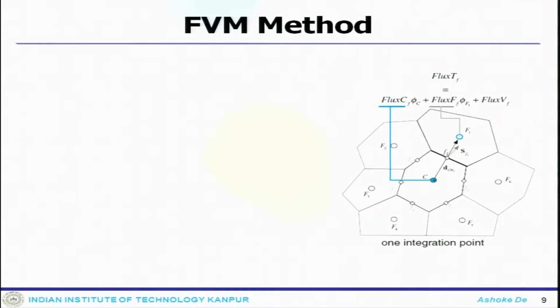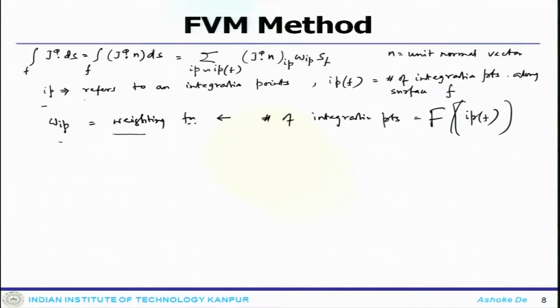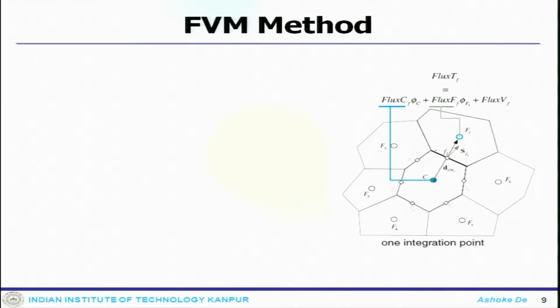To get this flux integration, I have one integration point. As I have mentioned, IP refers to the integration points and IPF is the number of integration points along the surface F. So, this is a particular surface which is connected with F1 and I have one integration point. That means in this case IP is 1 and also WIP would be 1.